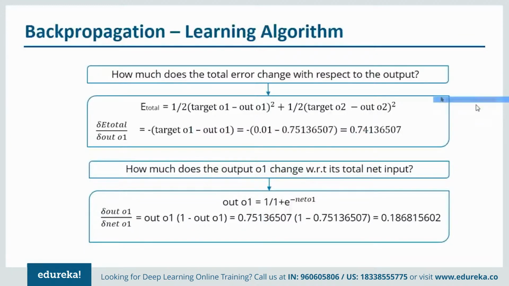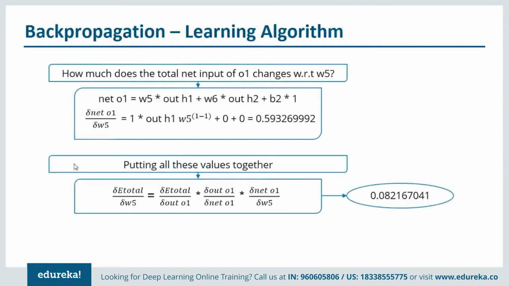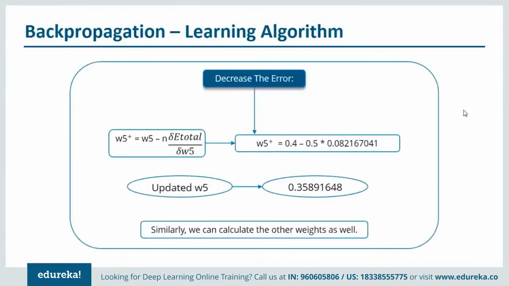And we get this. After that, we calculate the net output change with respect to W5 also, and we got this. And then finally we put all these values together and found the change in the error with respect to the change in weight W5, which came to around 0.082167041. Now is the time to update the weight. So how are we going to update the weight?